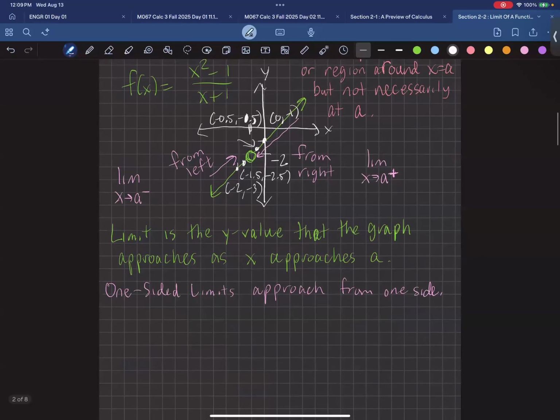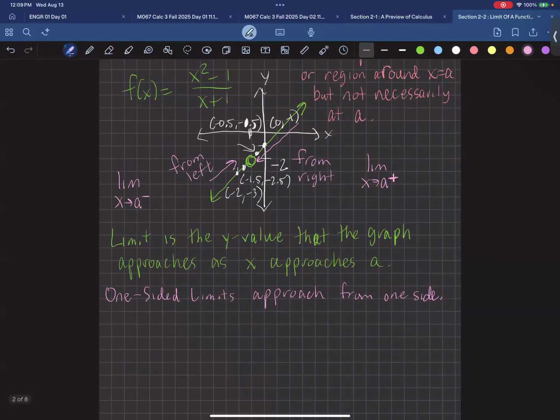So let's take a look at this one. When we do the limit as x approaches a, or in this case, the limit as x approaches -1 from the left, this was x squared minus 1 over x plus 1. This is getting close to -2.